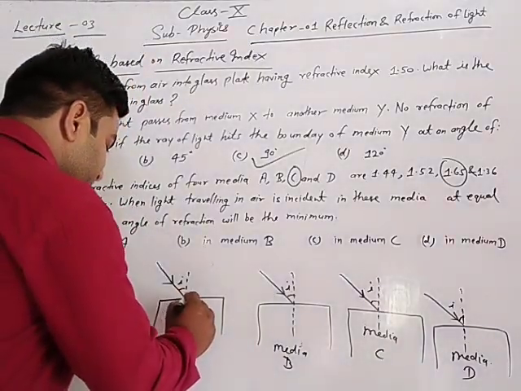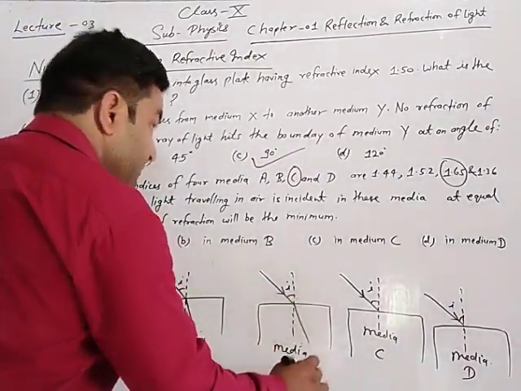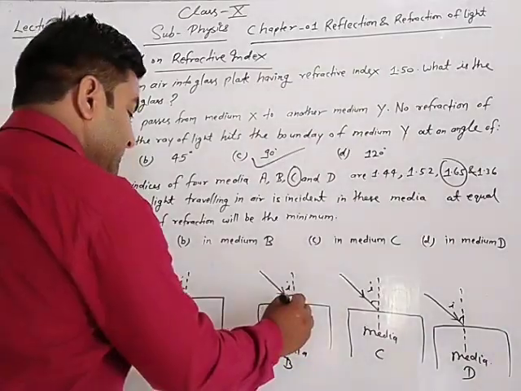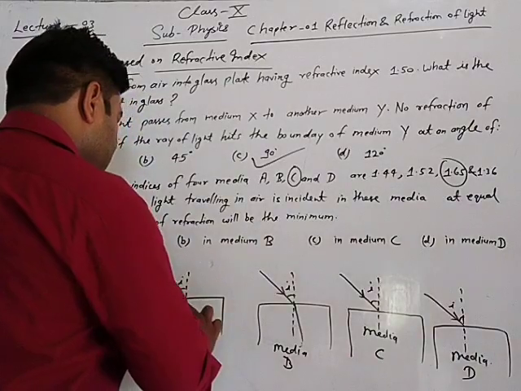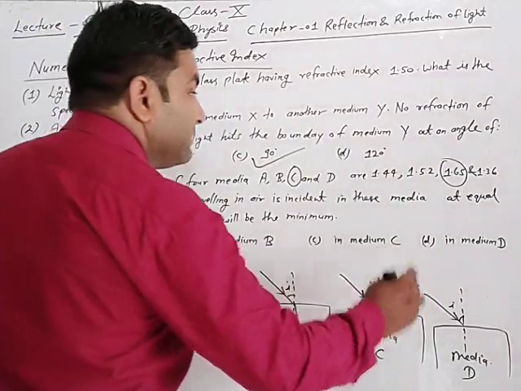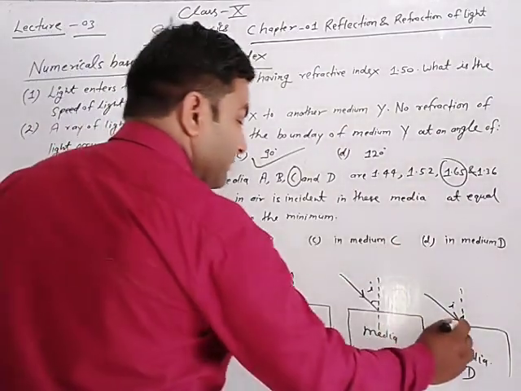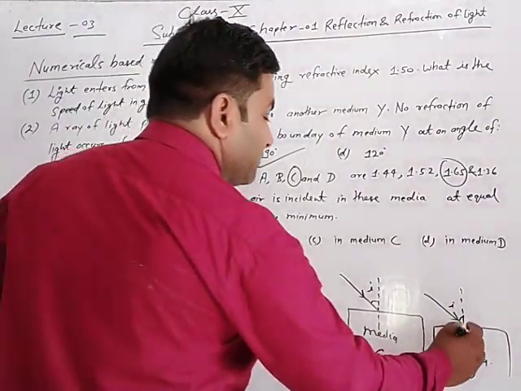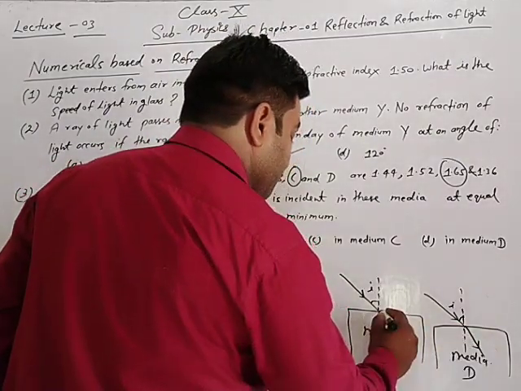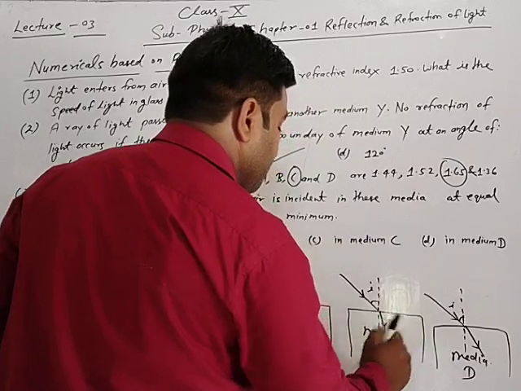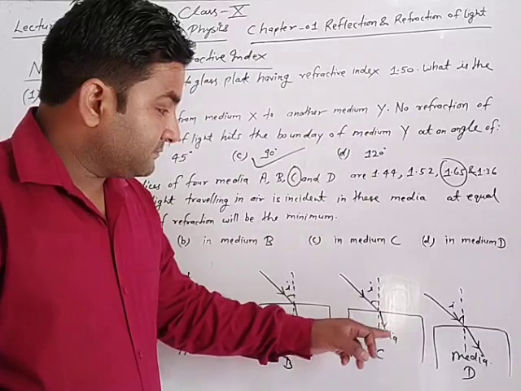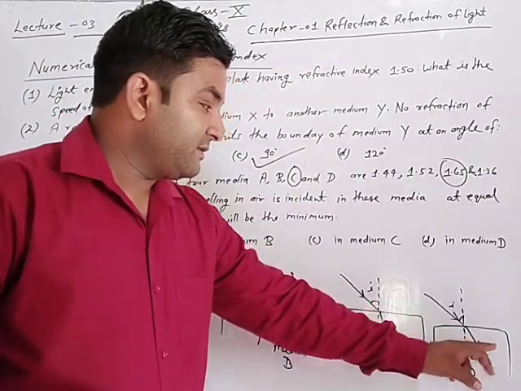Here there is deviation towards the normal, and also deviation towards the normal, but maximum deviation is in the case of medium C. And minimum deviation towards the normal is in medium D. This is the minimum deviation towards the normal.